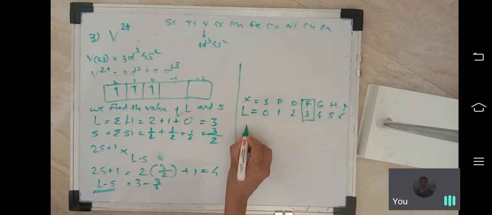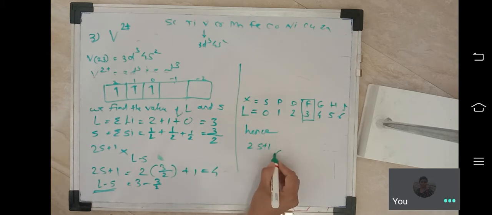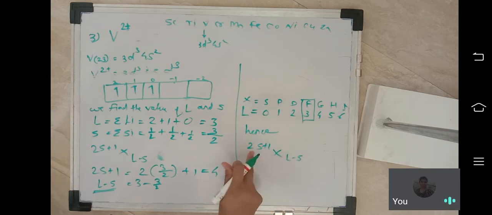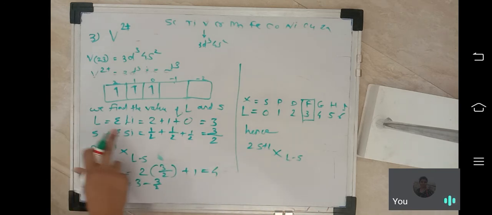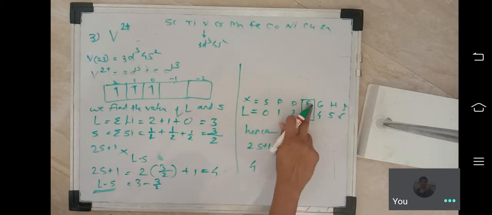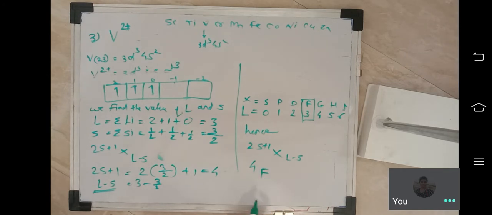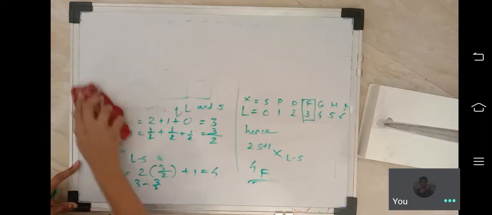Hence the ground state term for vanadium 2 plus ion, the formula is 2S plus 1, X, L minus S. What is the value of 2S plus 1? Here 4. What is X? This is quartet F. This is the ground state term, and you just put the values of L minus S here.